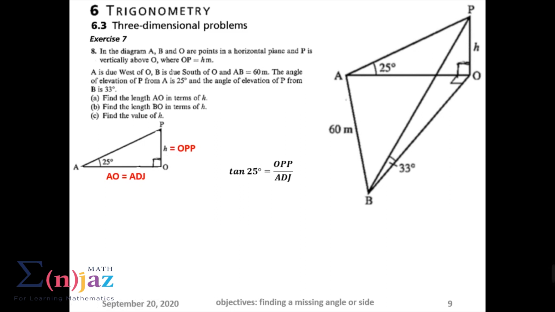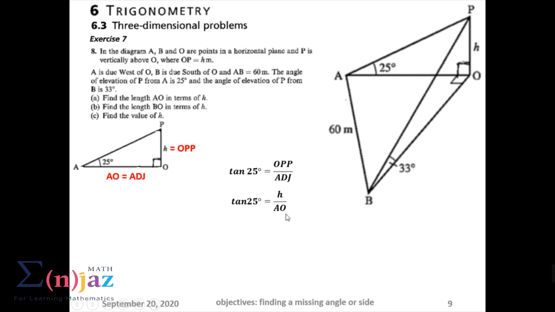Cosine of 25 is equal to adjacent over hypotenuse. Tan of 25 is equal to opposite over adjacent, and that's what we need. Let's substitute in this rule. What is the opposite? It's H. What is the adjacent? It's AO. So when we substitute, tan of 25 is equal to H over AO.